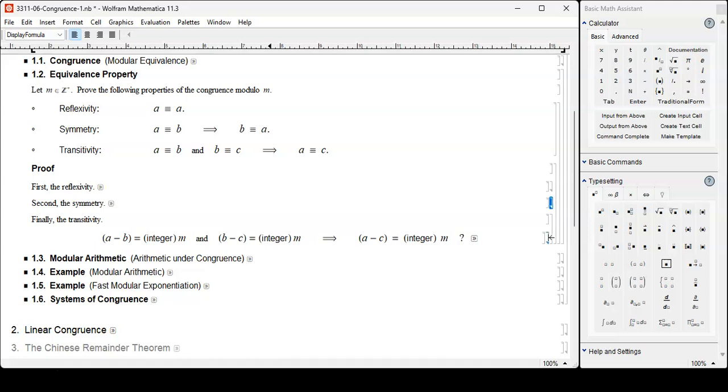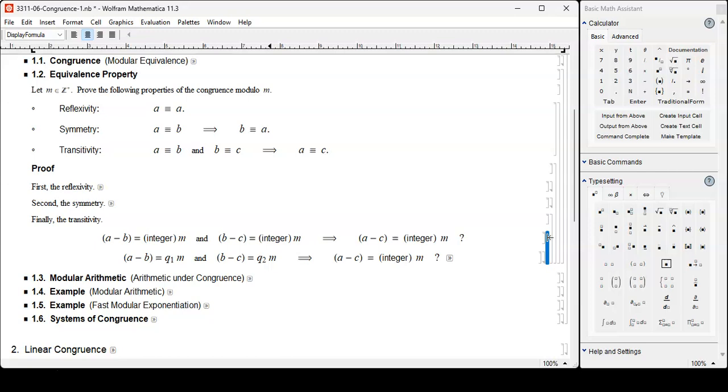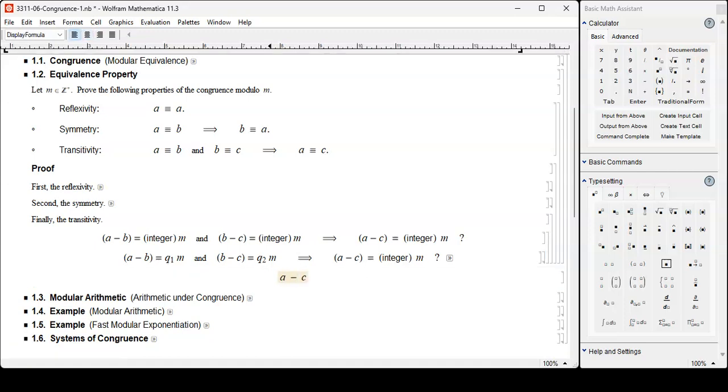Now this one is the most challenging. Still not too bad, but to a certain degree it is challenging because whenever you deal with an existential quantifier, you have to bring in different characters. q1 m, q2 m, all right. And how would you write a minus c? Well, a minus c can be rewritten as a minus b plus b minus c.